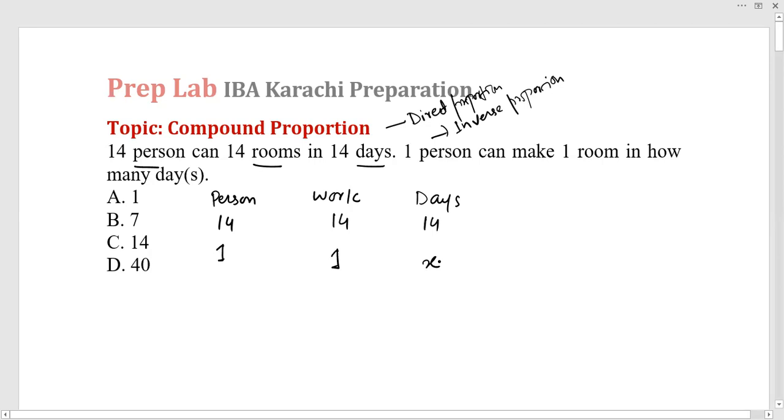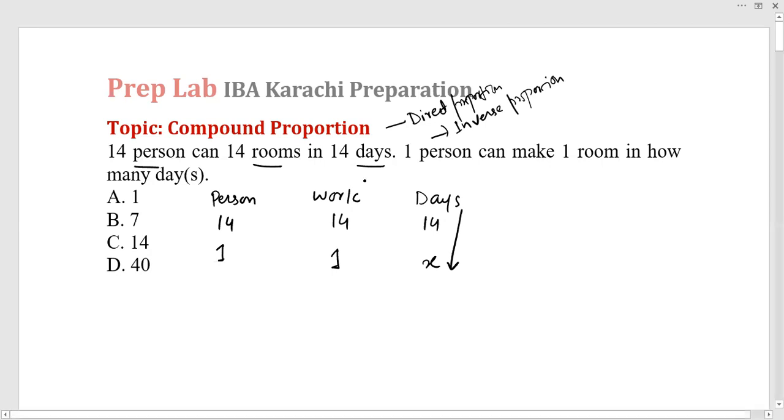We used to solve this type of question in school time by arrows. Whenever there is an unknown thing, we mark it, and the arrow will always be on the unknown side. This shows x over 14. Now we need to understand the relationship of days to person and days to work.